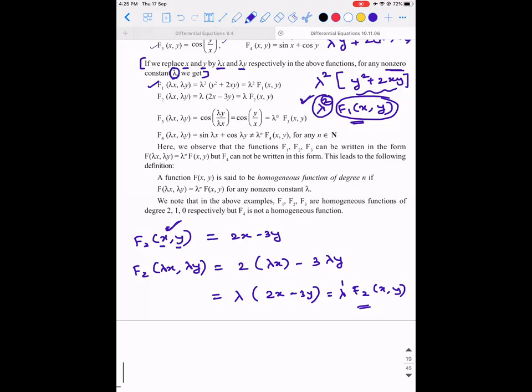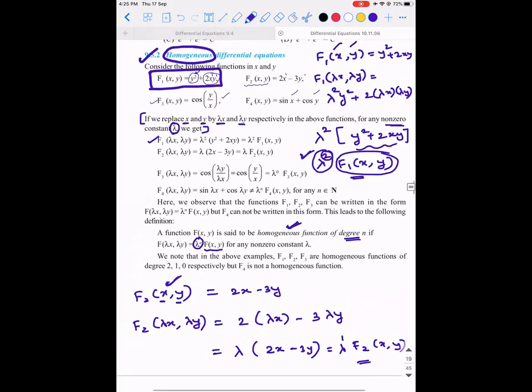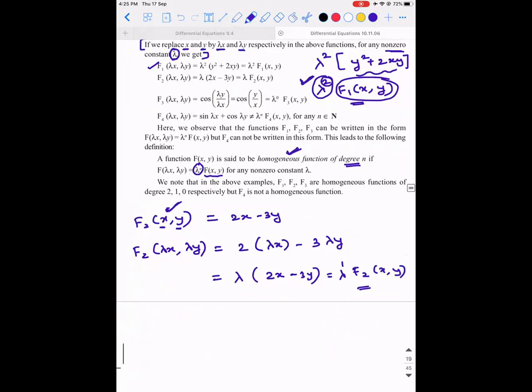If you get the form lambda raised to the power n times f of xy, then that function is called a homogeneous function of degree n. For the first example that was taken, what is the degree? 2. It is 2. For the second one, it is 3.